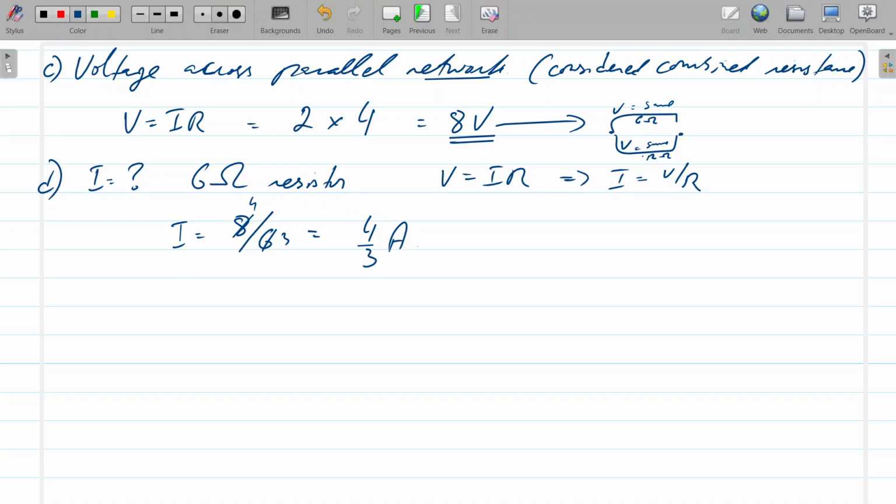Sometimes I'd want you to convert the fractions, but in this case it would work, because 4 over 3 is 1.3333333, it's recurring. And so at best you'd give 1.3 amperes, which should work, I believe, but still. Okay. So did these calculations and the concept, applying the concept, make sense? You need to be a bit careful about how you're looking at the circuit and how you're treating it.